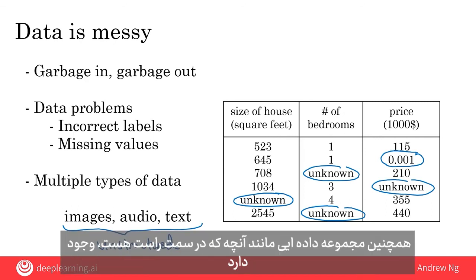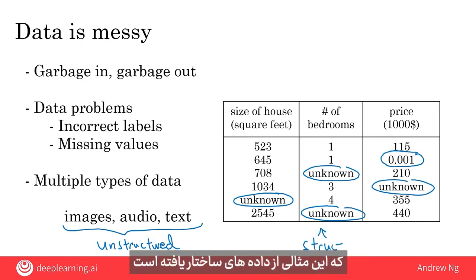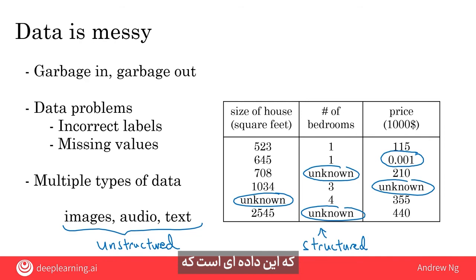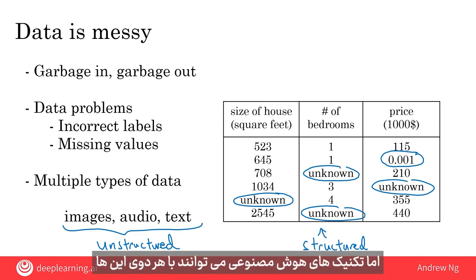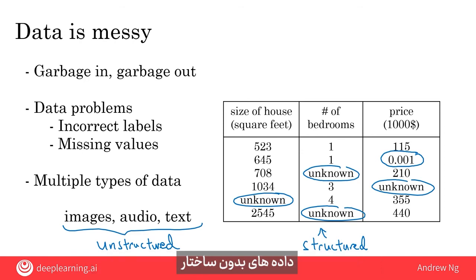And then there are also data sets like the one on the right. This is an example of structured data, and that basically means data that lives in a giant spreadsheet. And the techniques for dealing with unstructured data are a little bit different than the techniques for dealing with structured data. But AI techniques can work very well for both of these types of data, unstructured data and structured data.